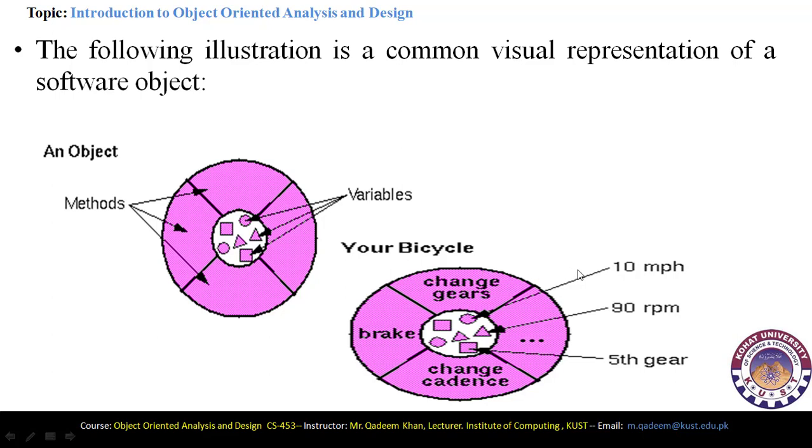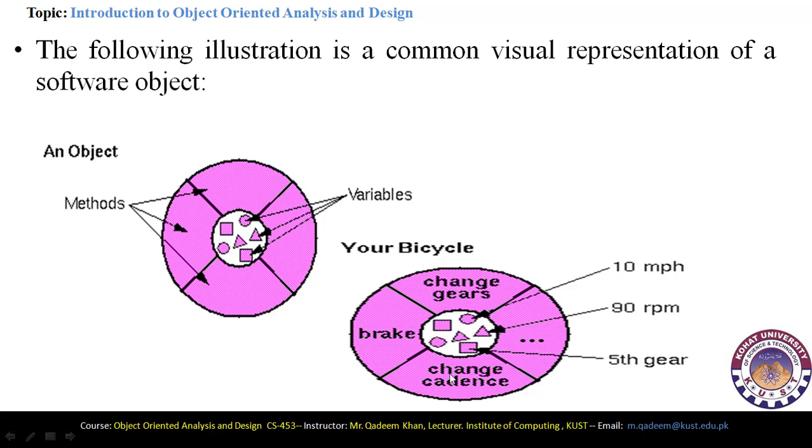So the bicycle has a number of different variables, and also the bicycle has different functions of the behaviors. For example, they have the fifth gear. They have 90 revolutions per minute of the speed. Similarly, they have 10 miles per hour, also other speeds. 90 RPM is in fact the revolution of the wheels.